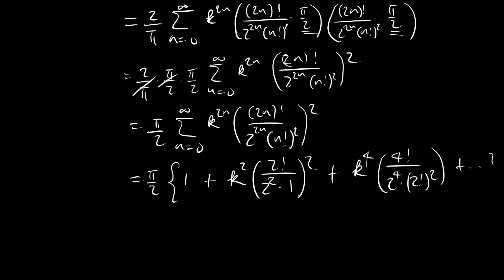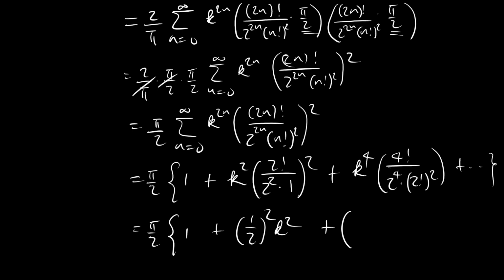Which equals pi over 2 times 1 plus 1 over 2 squared k squared plus 3 times 2 times 1, and here we have 4 times 4 times the square of 2 there.